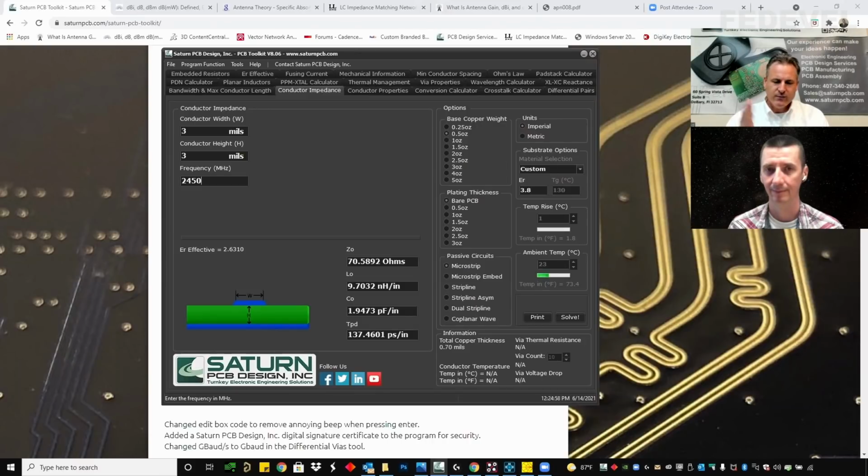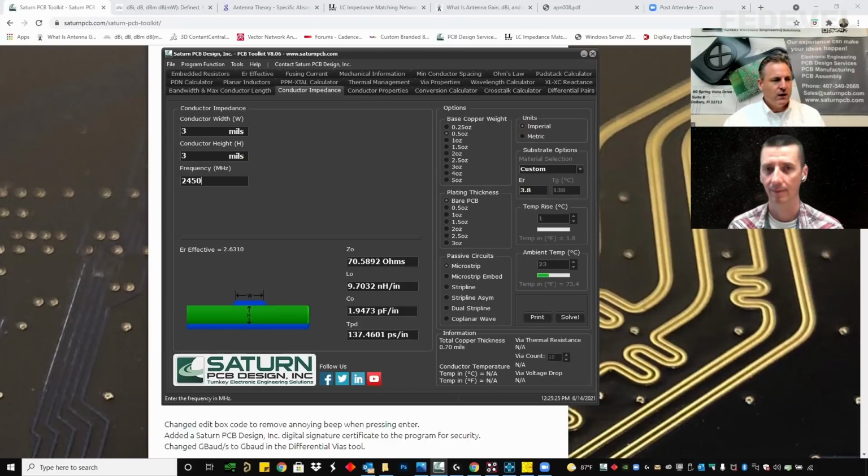I modeled it, nailed it down in the model, built it, and it's way off. Well, why? Because it just is. I've seen batch to batch of FR4 be off. I ordered one batch of antennas that were right on the money for the most part. Another batch was 10 megahertz off.